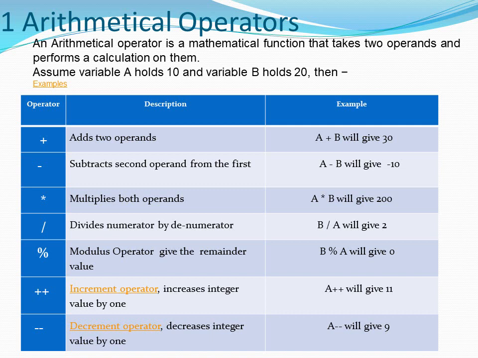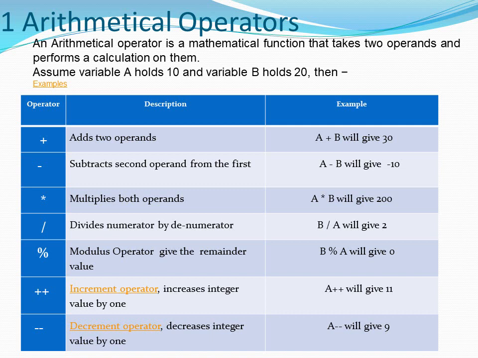A minus b will give minus 10, then a into b will give 200, and if b is divided by a, it will give value 2. And the modulus operator gives the remainder value, means if you divide b by a, means divide 20 by 10, it will give the remainder 0.